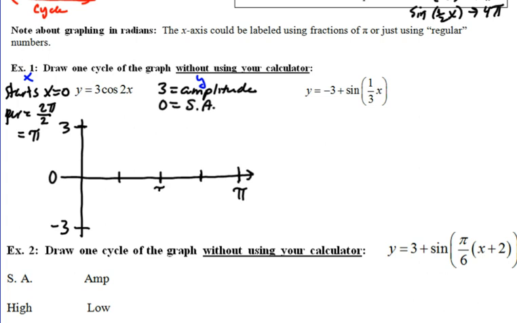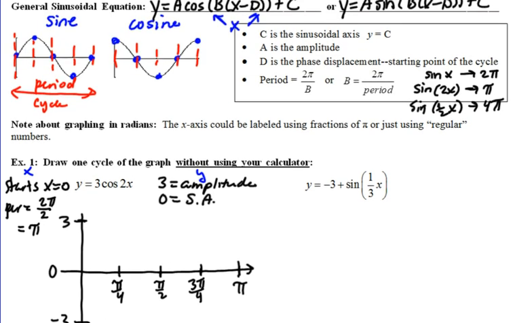So my key points on my x-axis are going to divide that cycle into fourths. So this would be 1/4 of pi, 2/4, and this would be 3/4 pi. Now I'm drawing a cosine cycle, so let's recall that cosine starts at the highest point, in the middle it's at the lowest point, and then it's back up at the highest point, and in between it's on the sinusoidal axis.